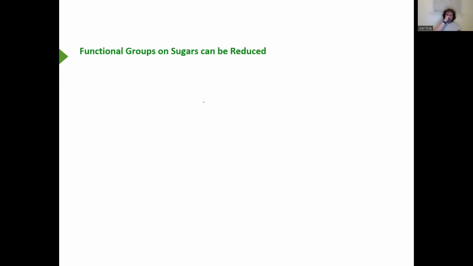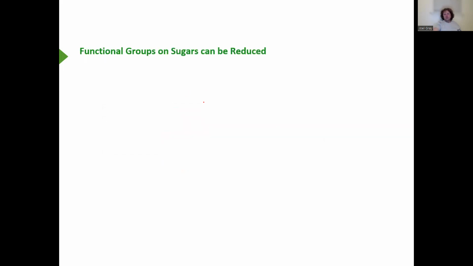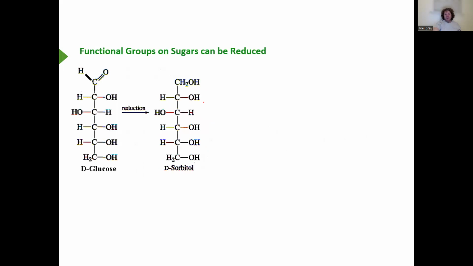Okay, so the functional groups on sugar: if you look at glucose displayed here, it's got tons of functional groups. Those functional groups can be reduced. Glucose, for example, can undergo reduction to be converted to a molecule known as sorbitol.